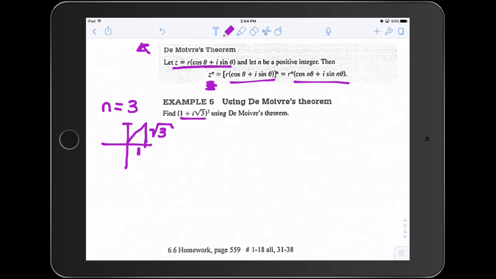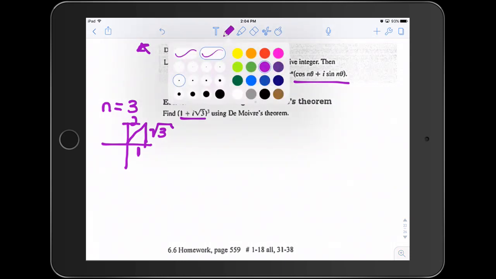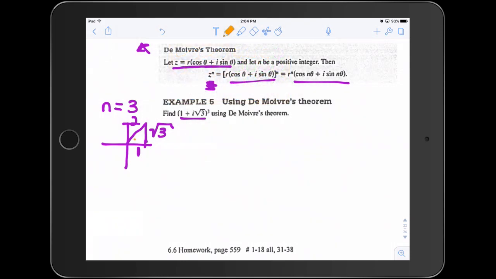We have one leg that's 1, the other leg is square root of 3, and again you could use the Pythagorean theorem or recognize it as a special triangle from the front page. This angle right in here, if you use tangent, is going to give you 60 degrees, or you can just recognize it as a special triangle, which works out very handy. So that's 60 degrees.